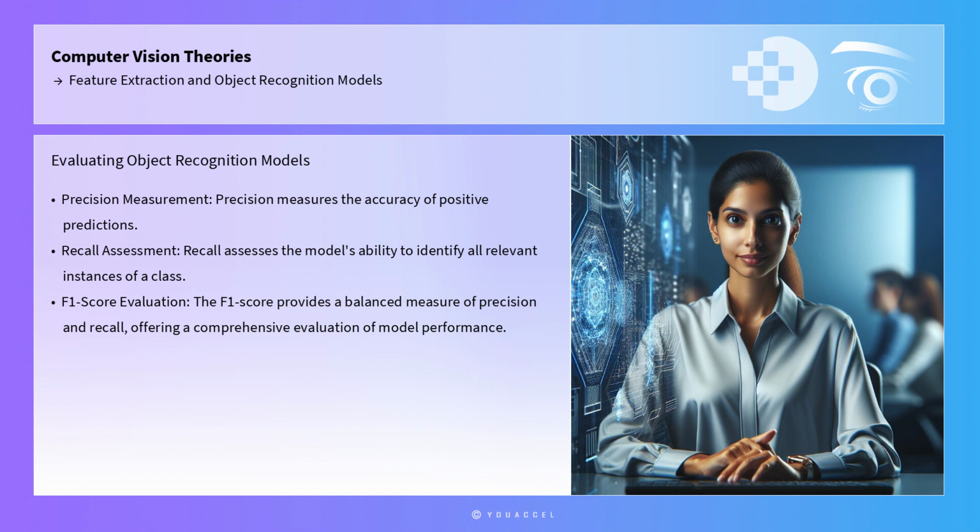The effectiveness of object recognition models is often evaluated using metrics such as precision, recall, and F1 score. Precision measures the accuracy of positive predictions, while recall assesses the model's ability to identify all relevant instances of a class. The F1 score provides a balanced measure of precision and recall, offering a comprehensive evaluation of model performance.